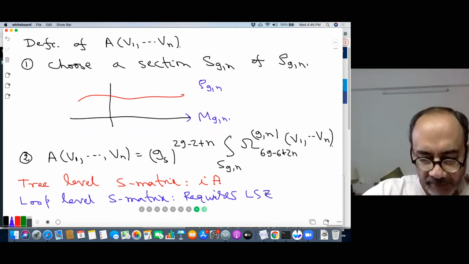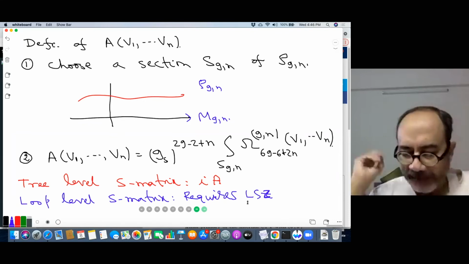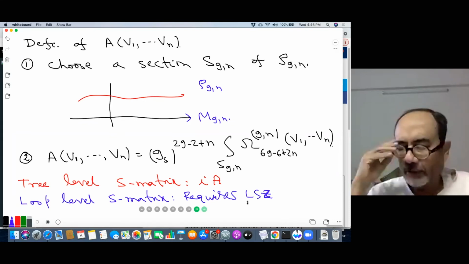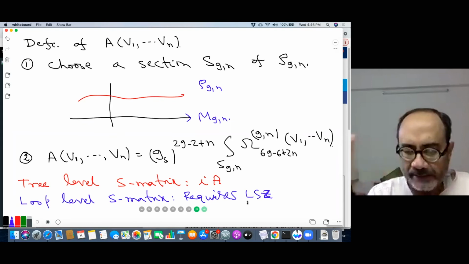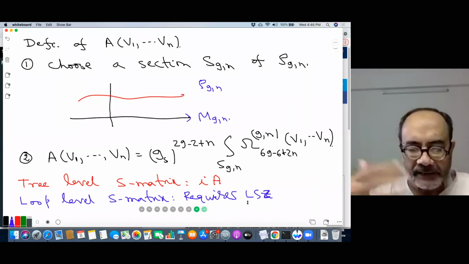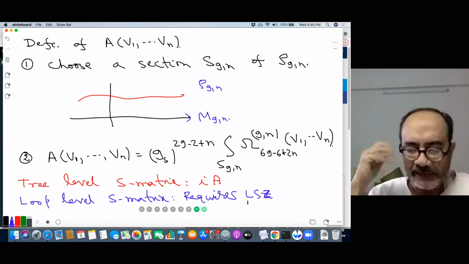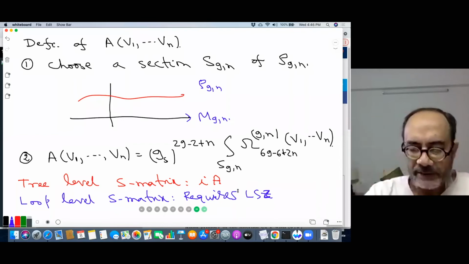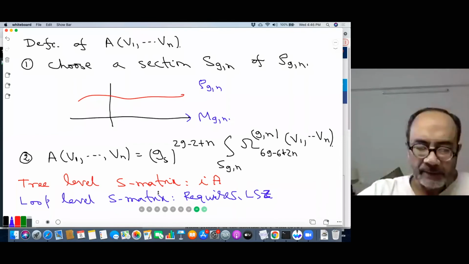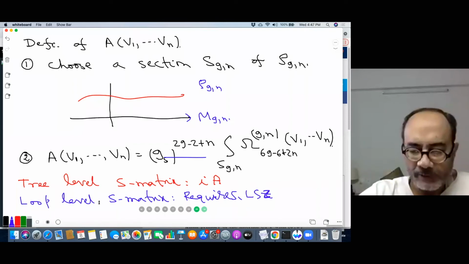But as I said, in theories with a high amount of supersymmetry, certainly not in the bosonic string theory that we are discussing, where the two-point function, the self-energy corrections, vanish, there again iA directly gives the S matrix. But in general, you have to go through this LSZ procedure to extract the S matrix from this expression.